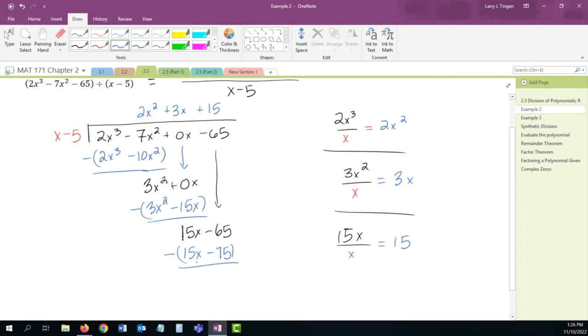Subtract. 15x minus 15x is 0. Negative 65 minus negative 75. Minus negative becomes plus. So this comes out to a 10.